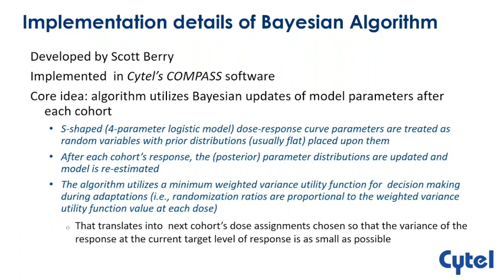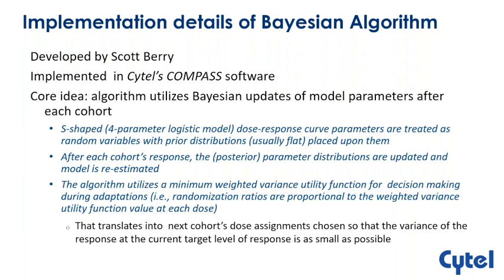Now we'll move to some other types of adaptive dose finding methods. The first is a Bayesian algorithm that was developed in collaboration with Scott Berry and implemented in software that we have in-house. The idea is to use Bayesian updates of model parameters after each cohort. We assumed an S-shaped 4-parameter logistic model and treated the 4 model parameters as random variables with a specified prior.